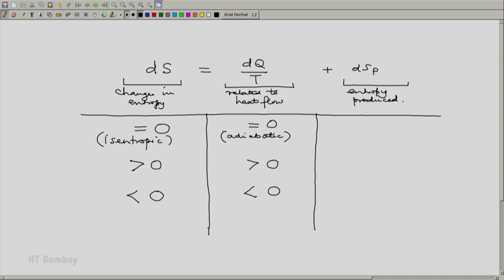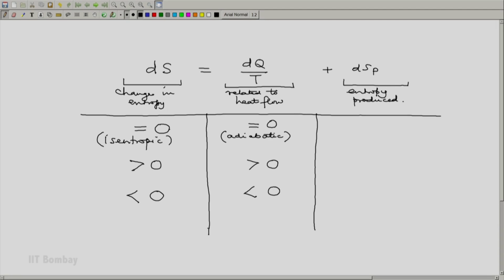Nothing special about it. It all depends on what is the final state and what is the initial state. During our illustrations and exercises we will see a number of such examples. So when it comes to change in entropy, we know that all three options are possible. It could be 0, it could be positive, it could be negative.